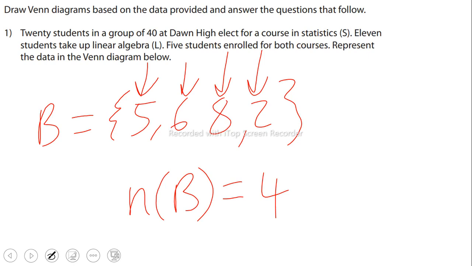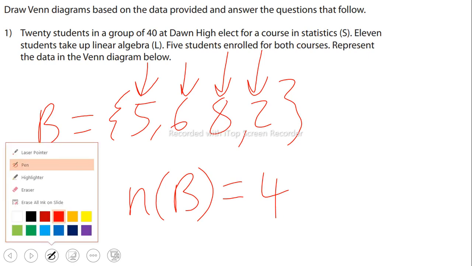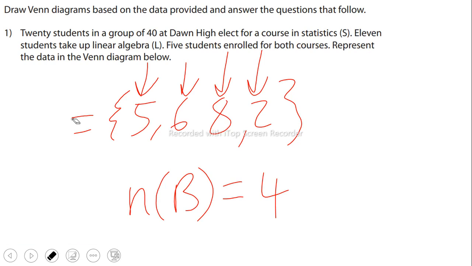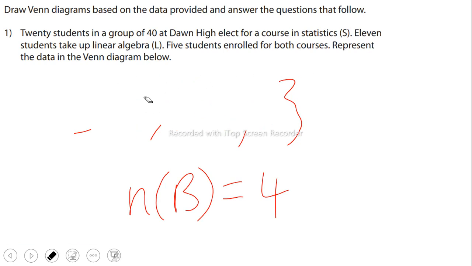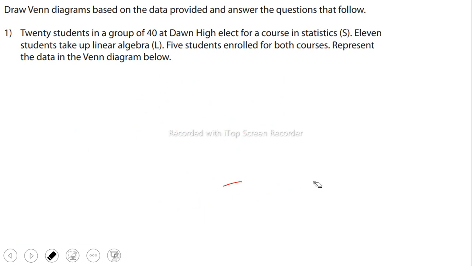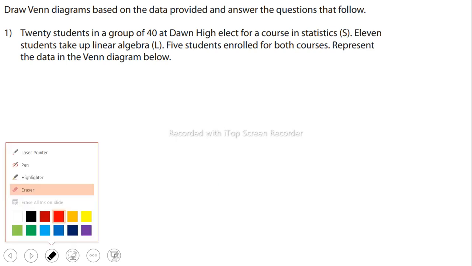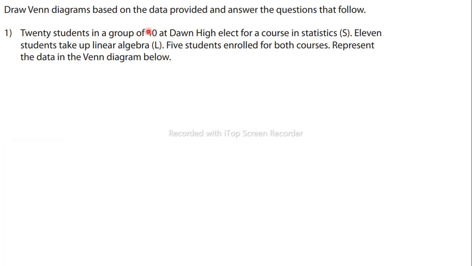So the cardinality of our universal set is 40. So basically the number of elements inside our universal set is 40. That's all I meant to say.